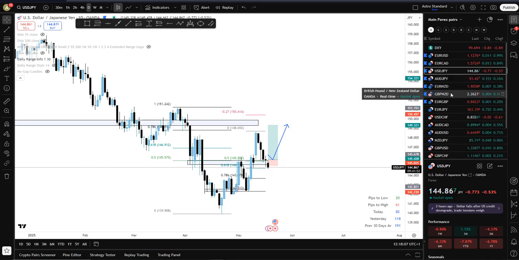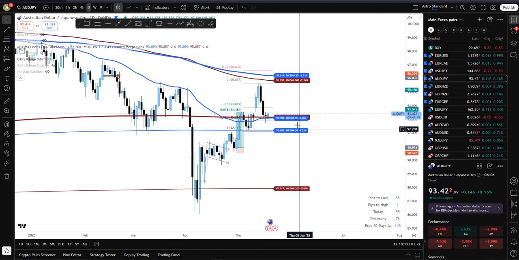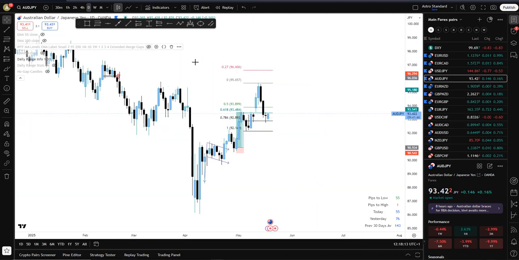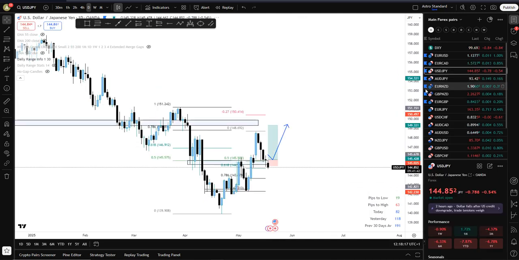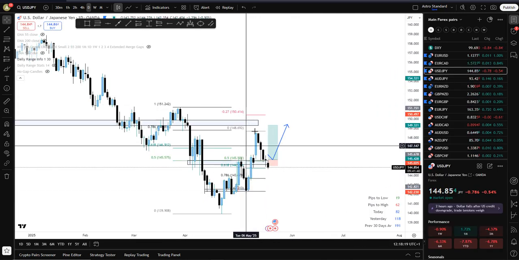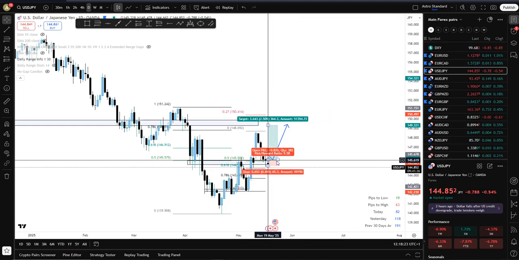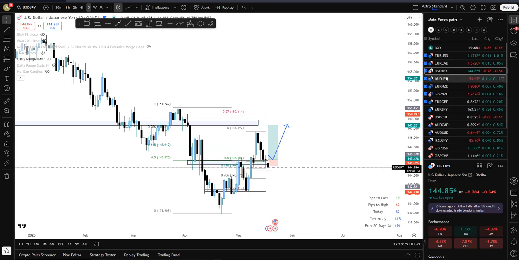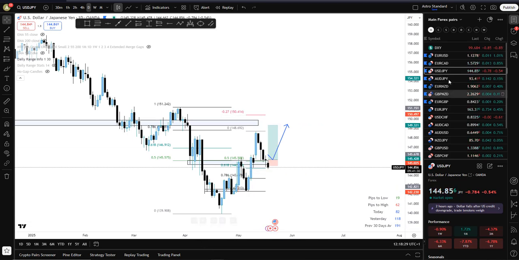And this one, the Aussie yen also looks good if I put on the EMAs here, but with the news coming out tomorrow, I would prefer the dollar yen, which is looking exactly the same, and I would go along with this one because there's no dollar news until Thursday.